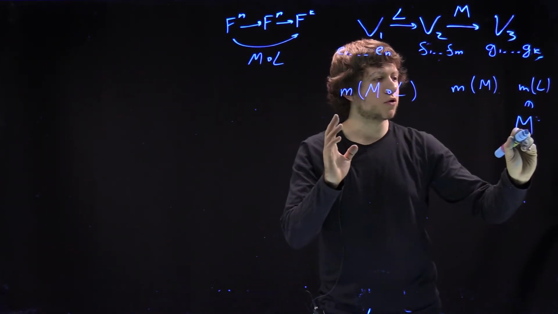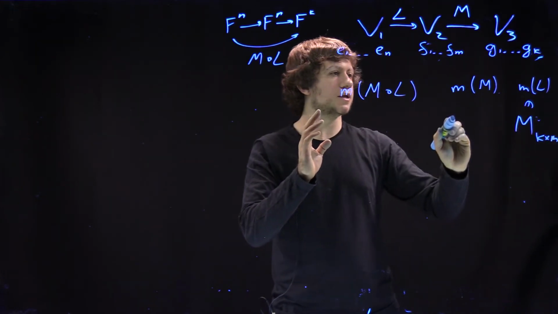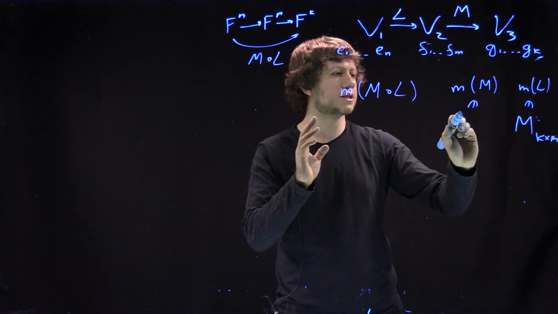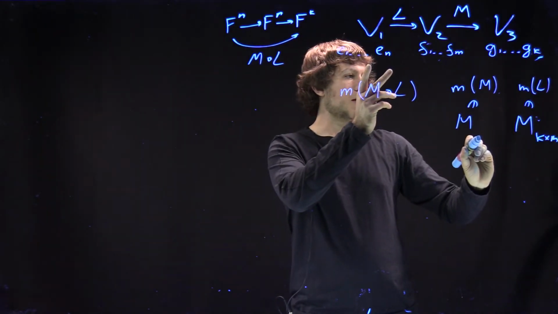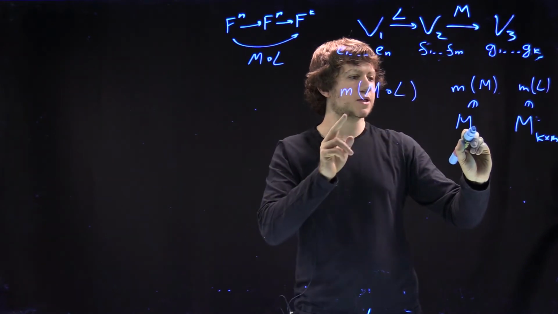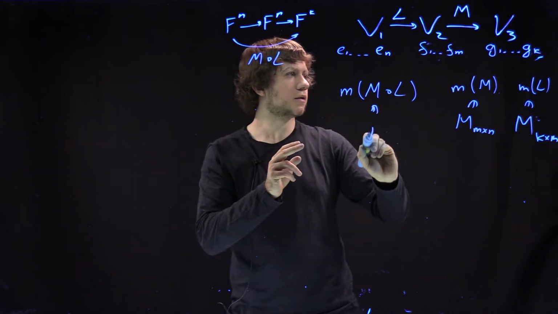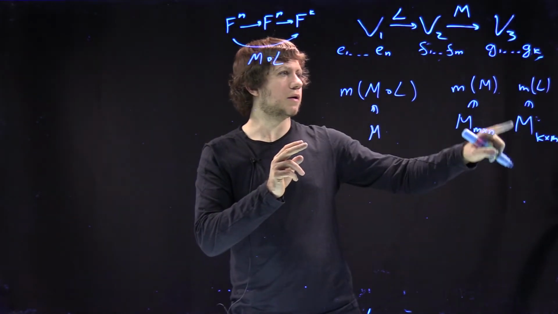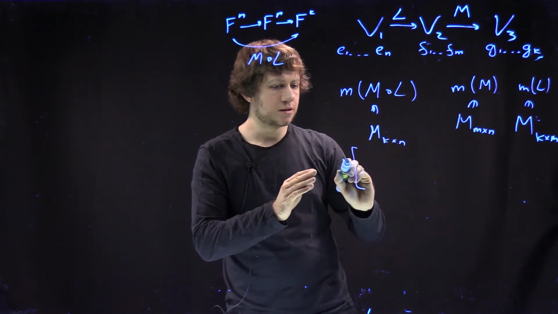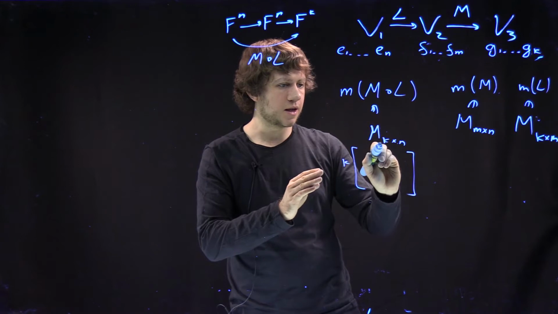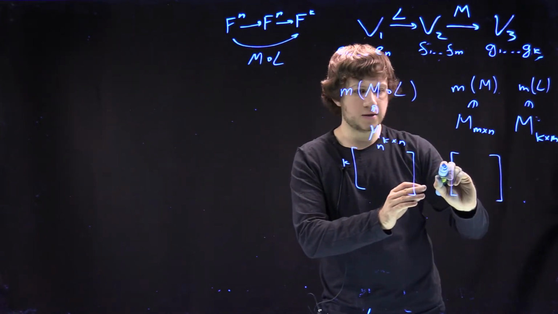So the number of rows is K times M. And here we have a matrix of size K times M, M times N. And here we have a matrix of size K times N.